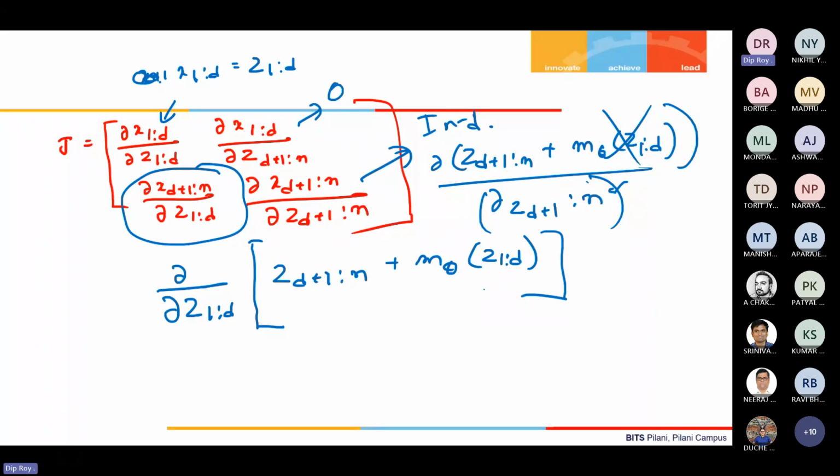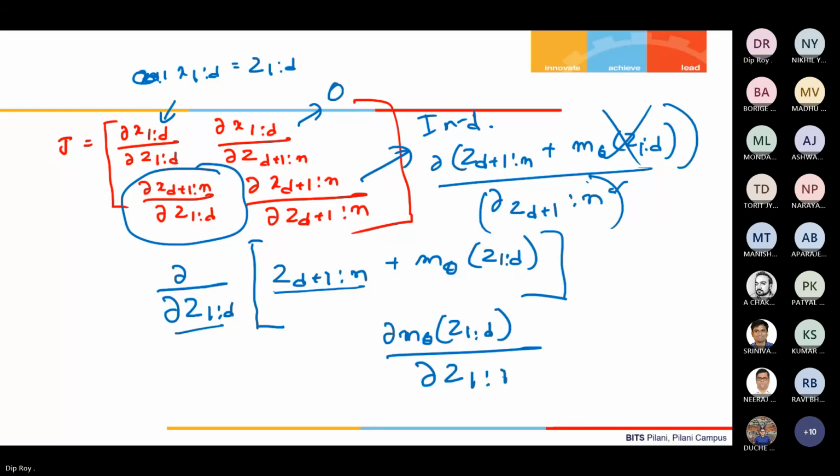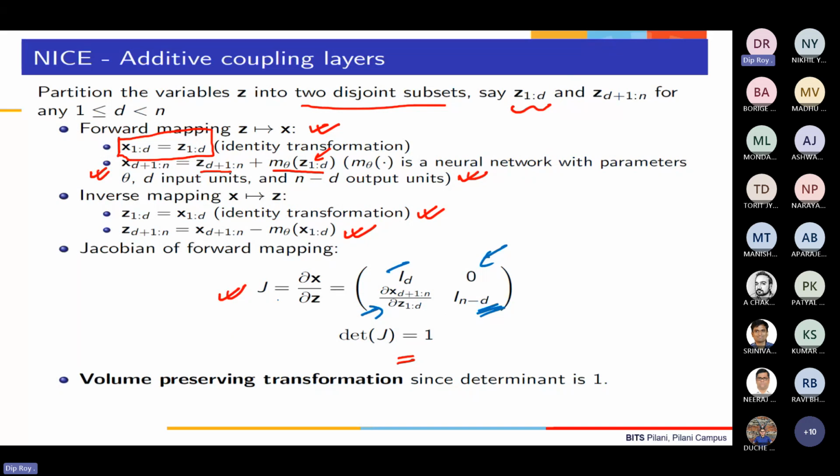Now, you know, the derivative of this particular term with respect to this is essentially 0, right? And you are only left with essentially this particular term, which is your neural network taking this particular input, divided by z 1 by d. And this is what it is.